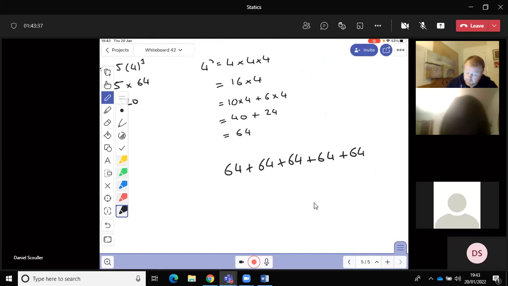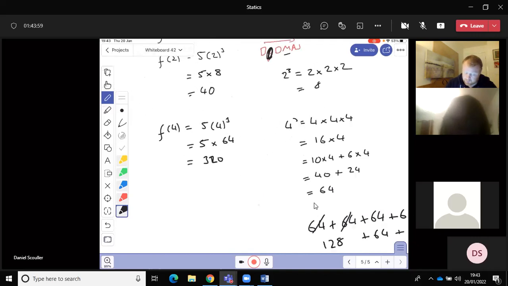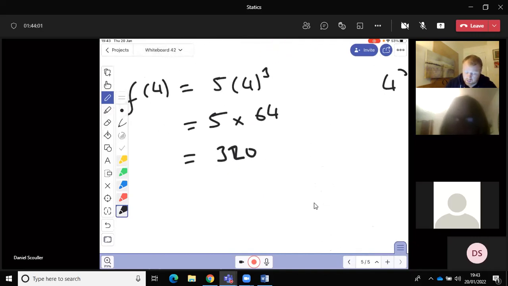So that'd be 128 plus 64 plus 64. I don't think they'd give you anything like this in a non-calculator paper, but if they did, there are different wee ways of working it out and checking your answer. So that should give you 320.